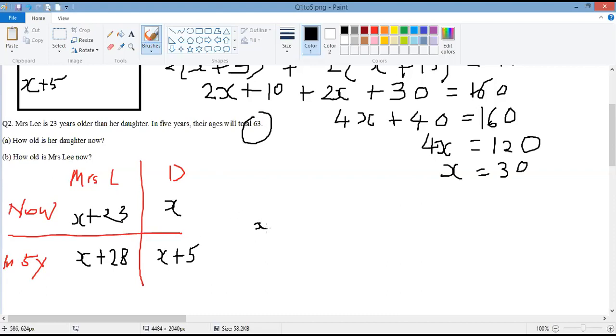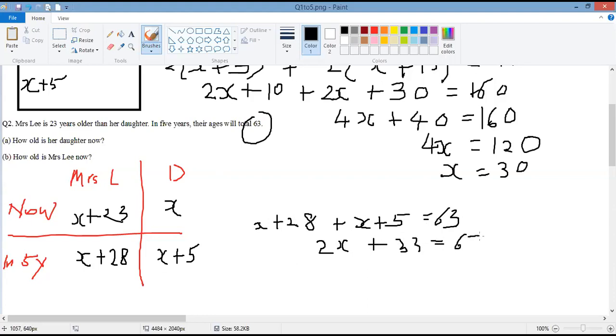So I sum these two together: X plus 28 plus X plus 5 equals to 63. So I have 2X plus 28 plus 5, you get 33, equals to 63.